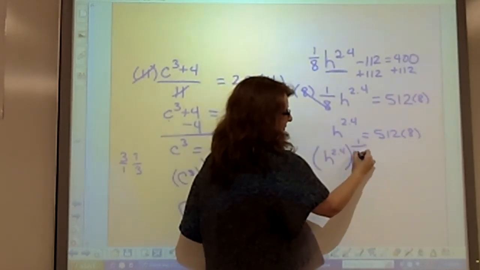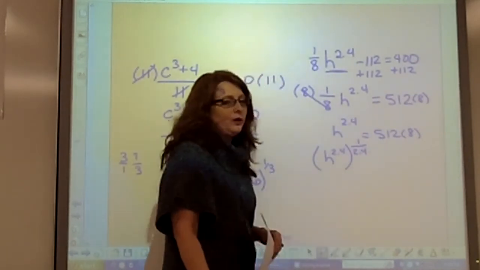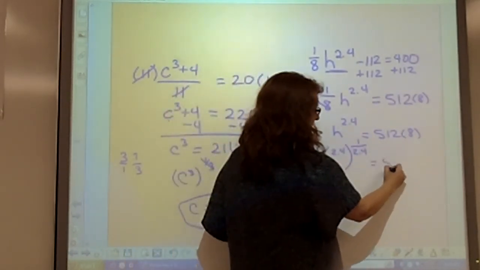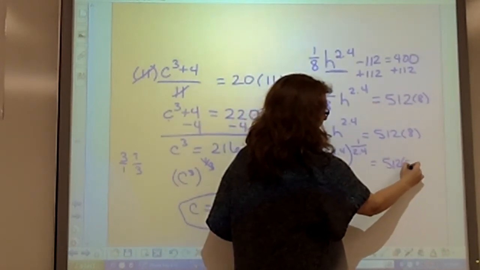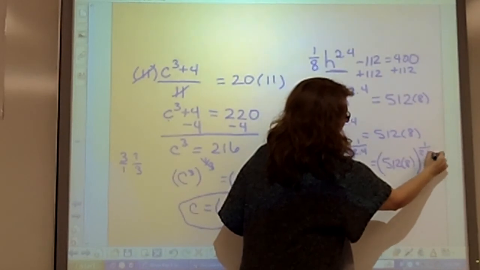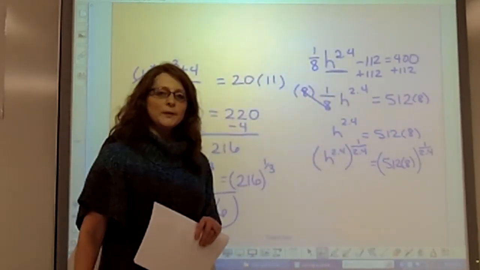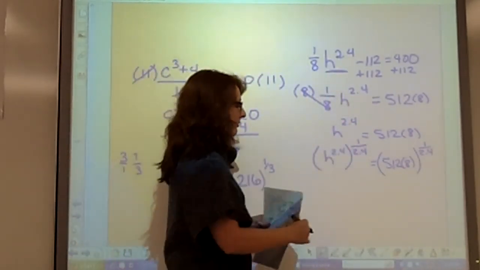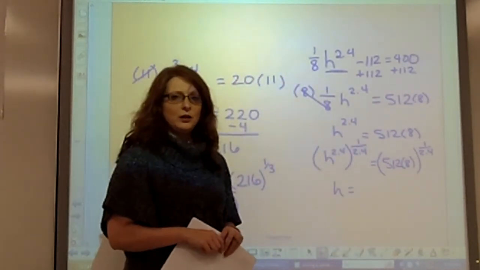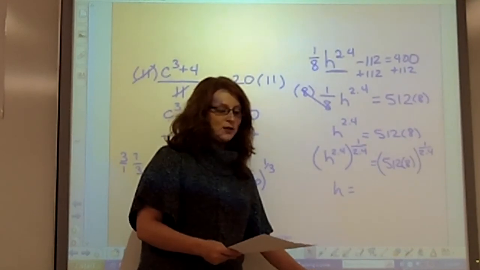The reciprocal is 1 over 2.4. Opposite, 512 times 8. This is all raised to the 1 over 2.4. Put it in your calculator. Find the value of h there. You've got about 6 more problems.